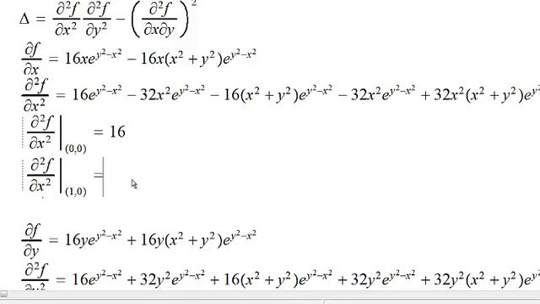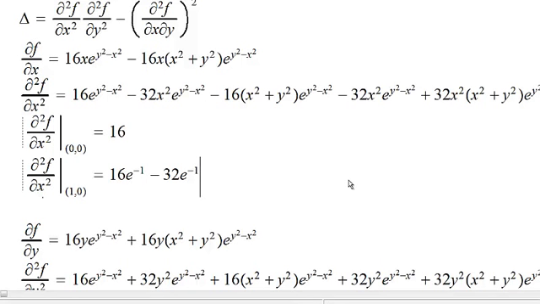Are we good? Okay. Then here we have 1. So we got 16. Then e to the how much? Negative 1, right? Then we get negative 32. E to the how much? Negative 1, right? Are we good?